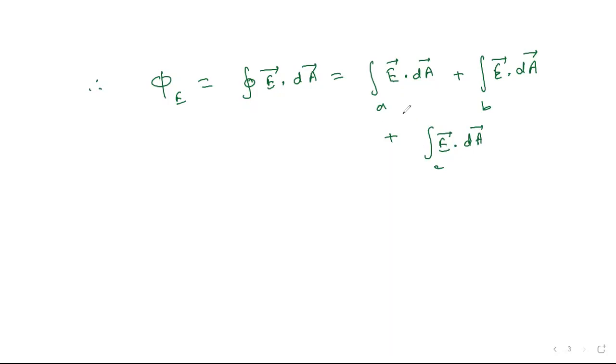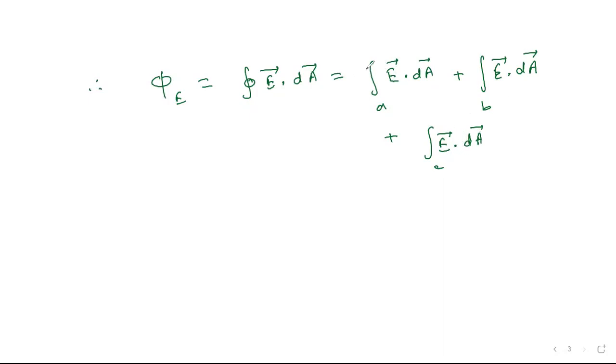I'm labeling the integrals as A, B, C, so they denote the flux through the portions of the cylindrical surface. A denotes the flux through the left hand cap, B through the curved walls, and C the right hand cap.